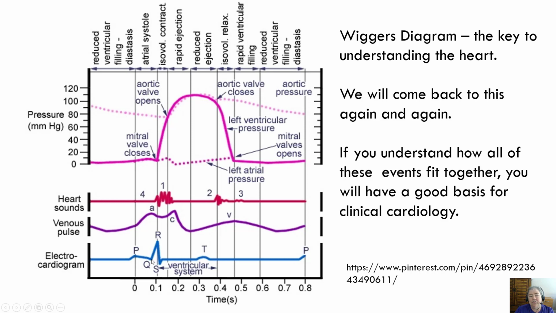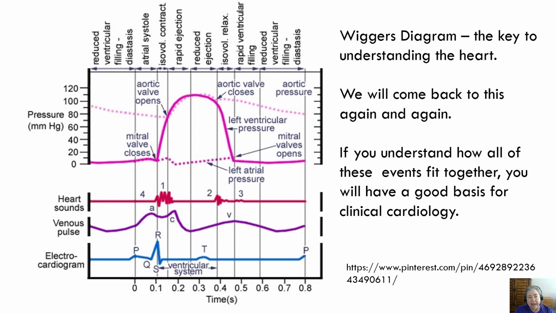This is ventricular depolarization. And when the ventricle depolarizes and starts to contract, suddenly the pressure in the ventricle is higher than the pressure in the atrium, and the mitral valve gets pushed closed.